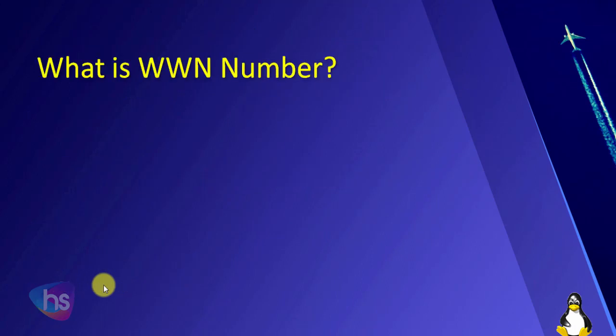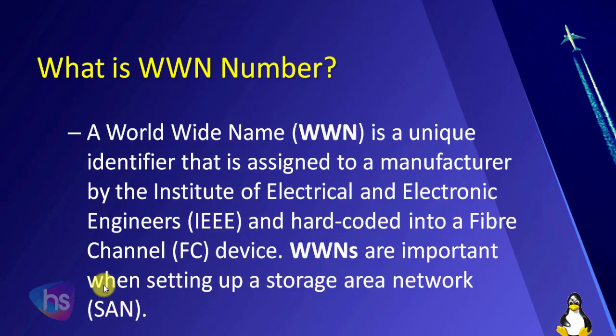What is a WWN number? This is the number required to connect to SAN storage. Earlier we discussed LUN in a slide. The SAN storage provides data in terabytes or GBs, whatever we ask for, and they call it a LUN.